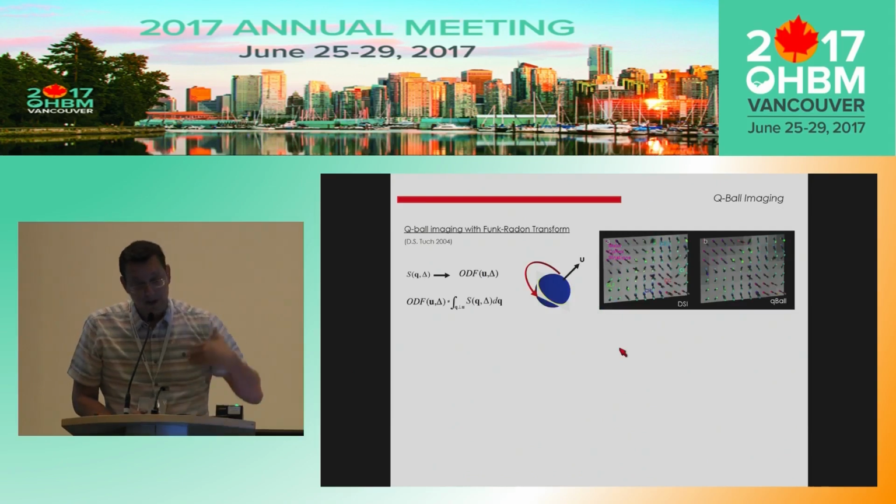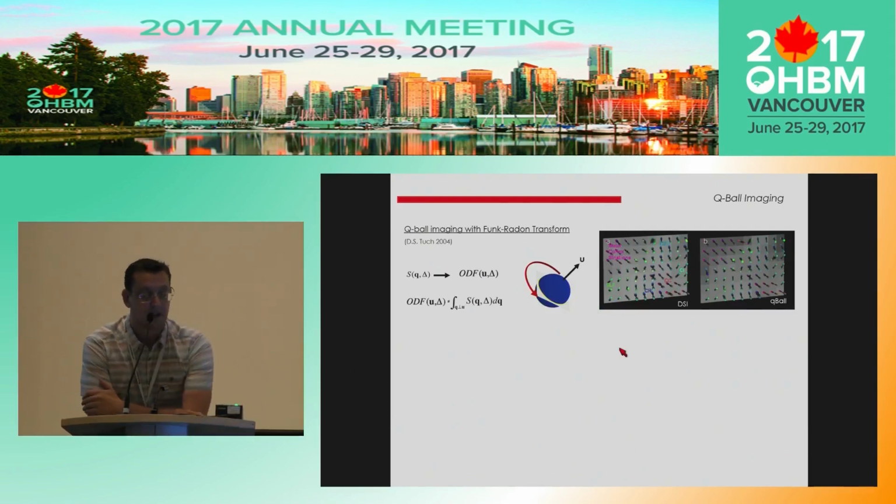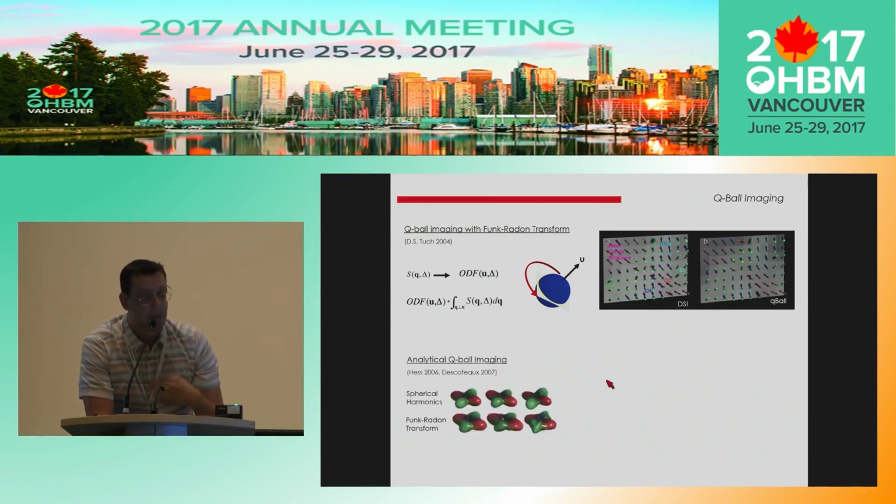Another method that evolved from this is Q-ball imaging. The idea of Q-ball imaging is to do something similar to DSI, but using a standard HARDI acquisition. You collect data on a HARDI shell, you apply a Funk-Radon transform, and you get something essentially very similar to a DSI. Many methods have been developed.